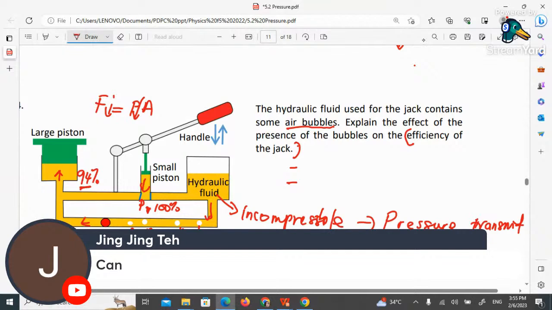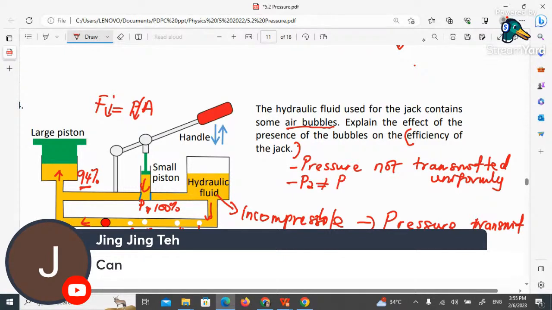The presence of the bubble: pressure is not transmitted uniformly throughout the liquid. It means pressure 2 is not equal to pressure 1.